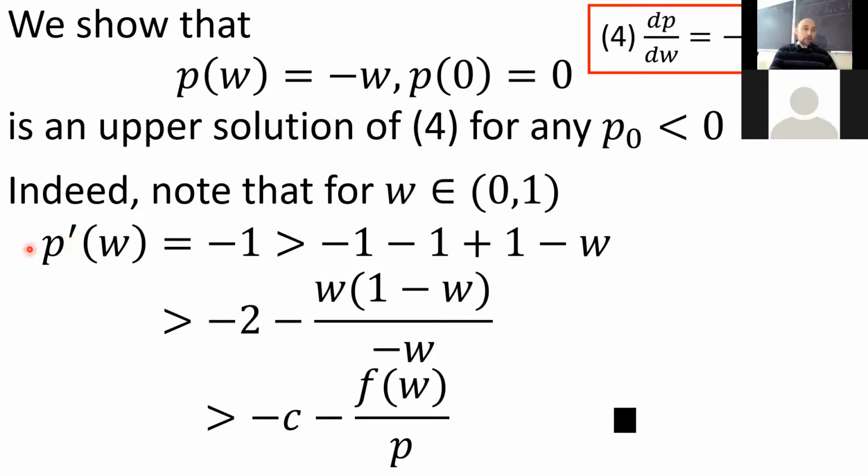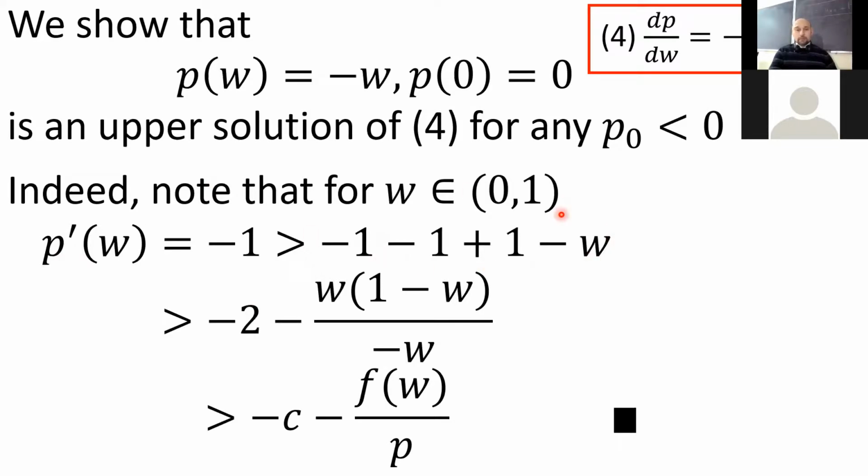Okay, so if I take the derivative of P, it's -1. So I just put -1 plus 1 and minus W. Since I'm considering positive W, this part here is greater than this part here.